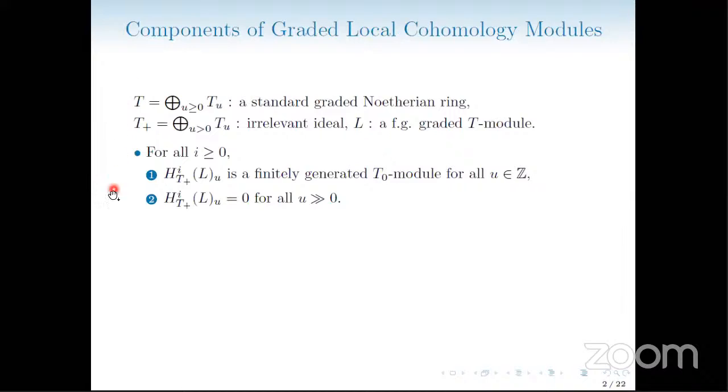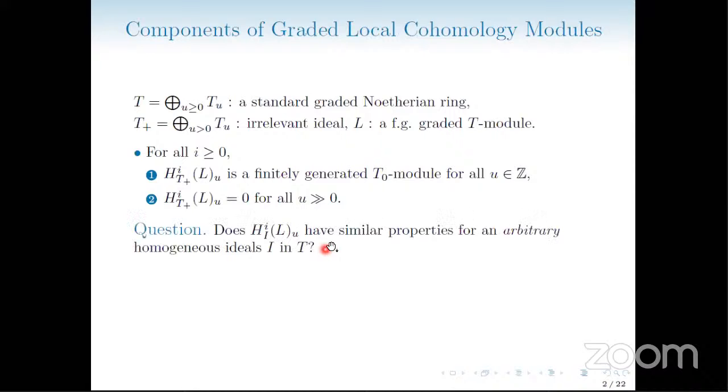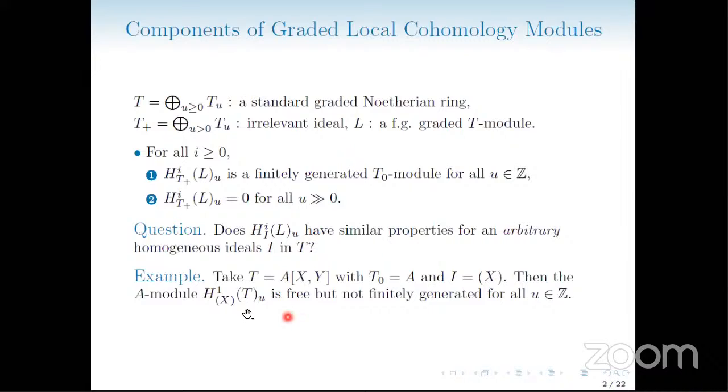So in consideration of all these facts, it's quite natural to expect that all this behavior is carried out by local cohomology modules supported on any arbitrary homogeneous ideal I. But on the contrary, it is known that that is not true in general, not even over a polynomial ring. So let's look into an example.